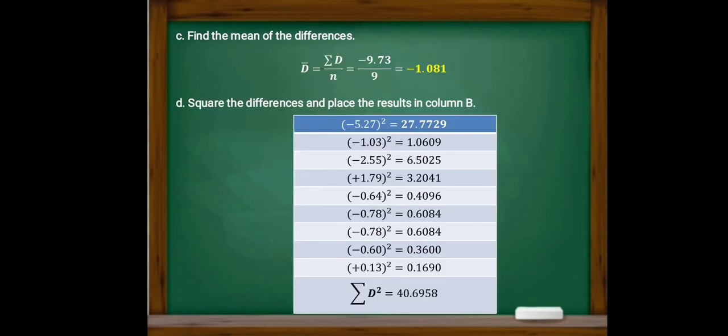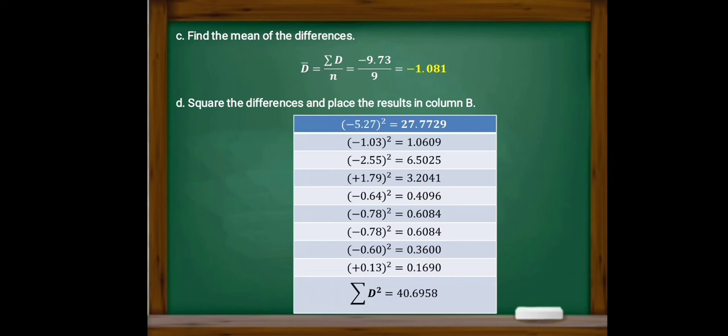Then, find the mean of the differences. So, mean of the differences is equal to summation of the difference over n. So, our summation of the difference is negative 9.73 divided by 9, we get the mean of the difference is equal to negative 1.081.